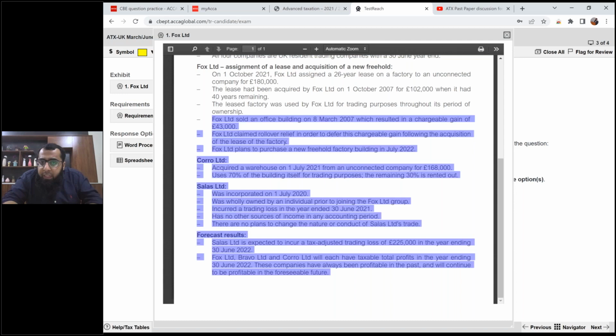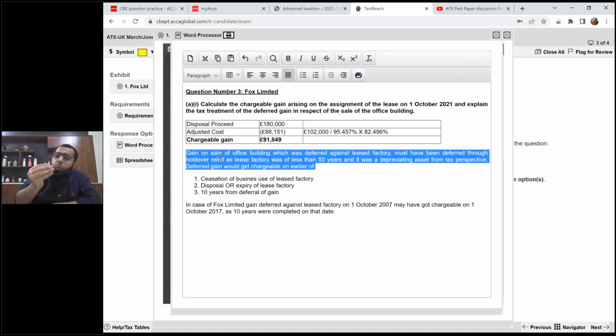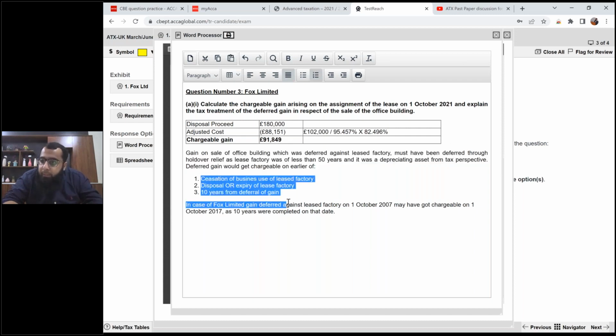So we have to comment on what will happen to this gain. So we said that this gain was deferred through holdover relief because the lease was of less than 50 years. And the deferred gain will become chargeable on the earlier of these three things.